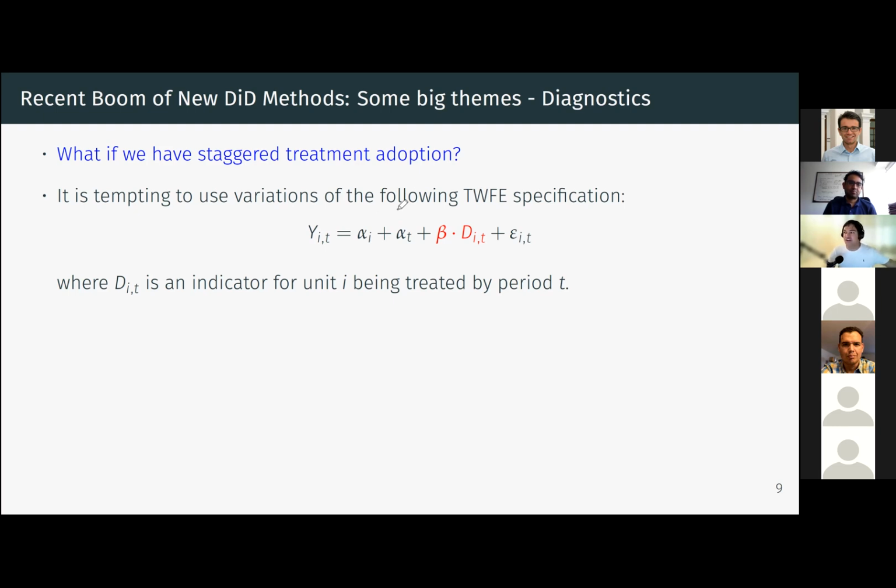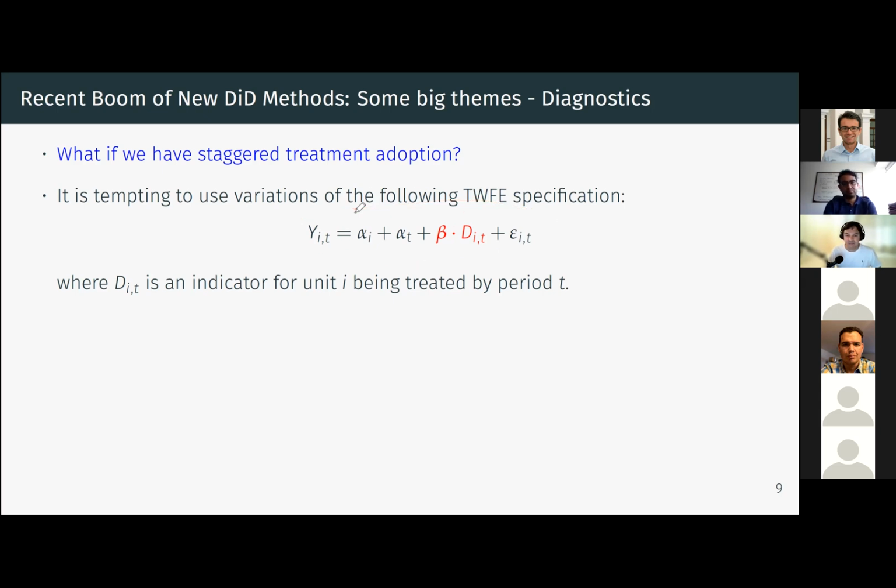Again, more general. And instead of the interaction of post with group, I'm just going to replace it with this dummy variable D_it, which takes value 1 if unit i is treated by period t, and 0 otherwise.